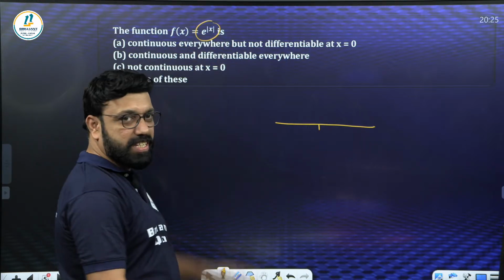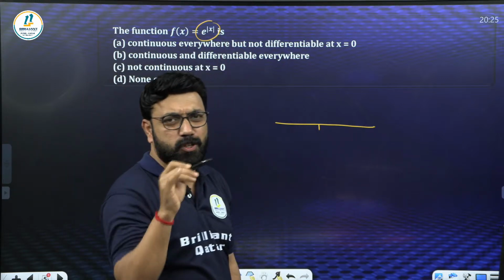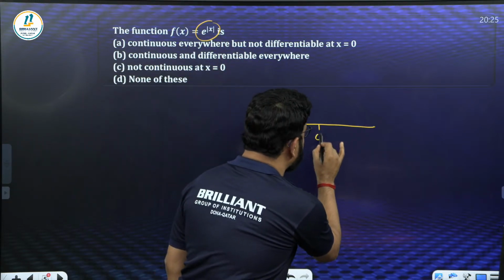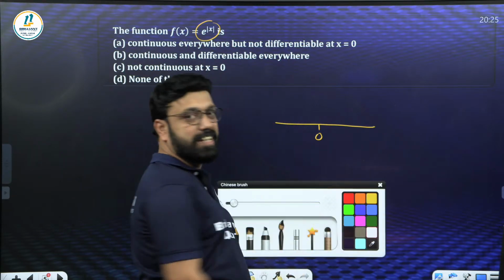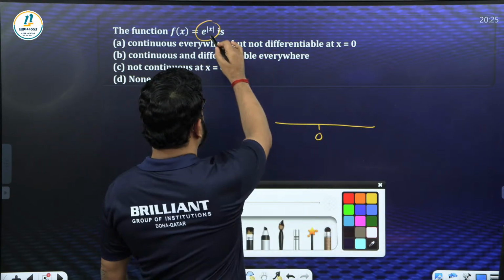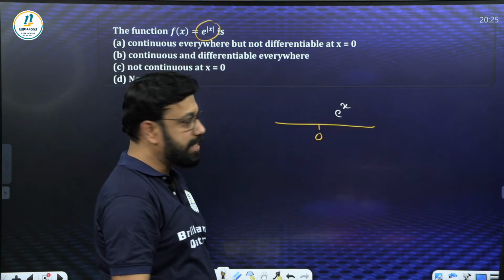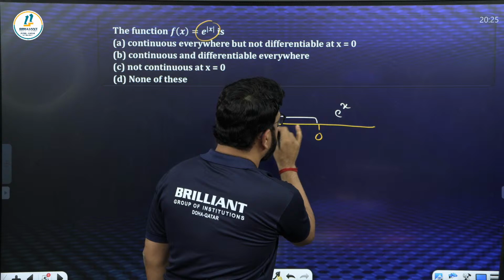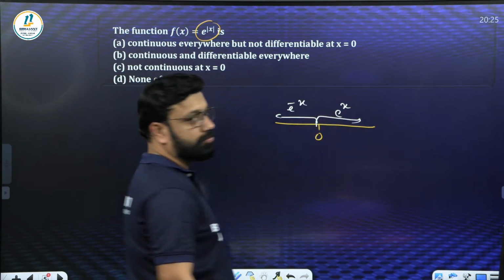Check what is the left side, what is the right side. So here x minus 0, 0 is a critical point, so splitting the limit at 0. After that, on the right side, what will we get? e raised to x. On the negative side, e raised to negative x.